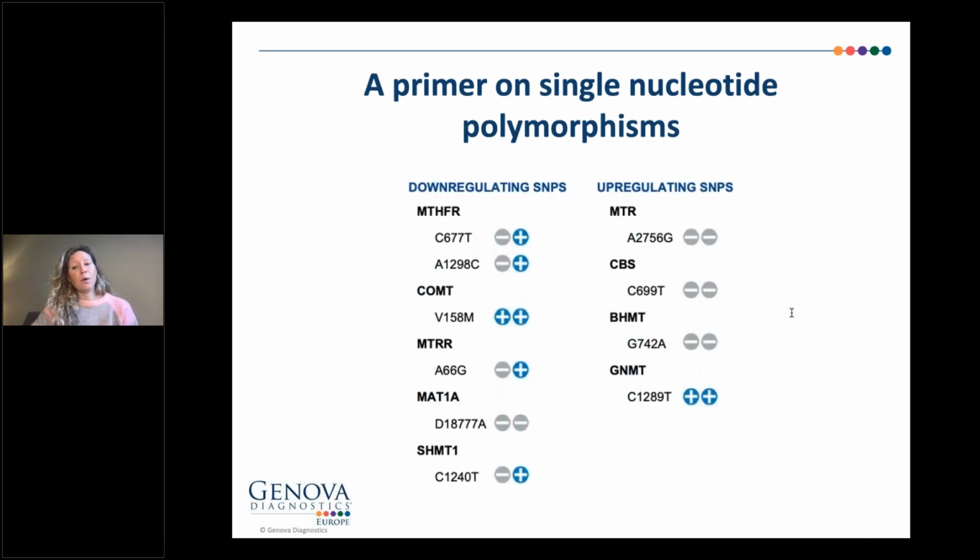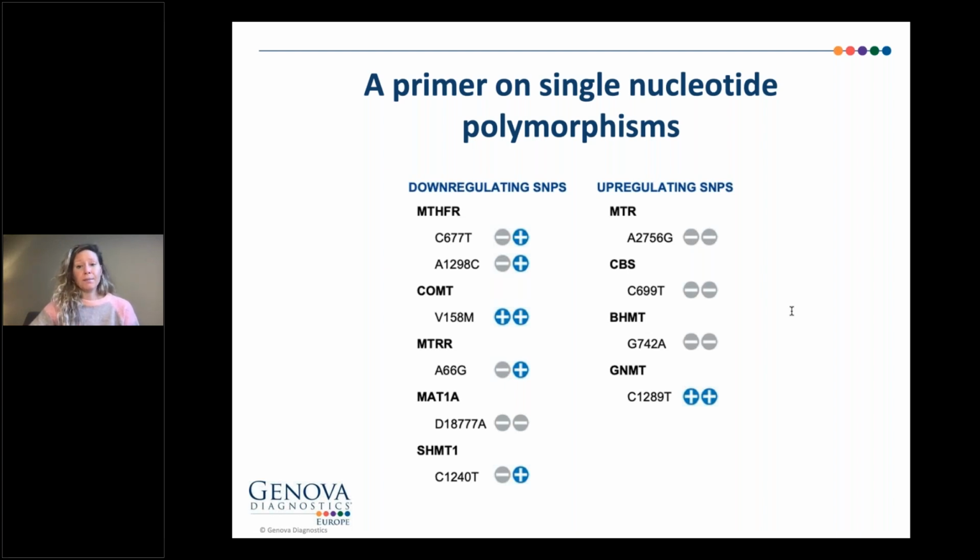So here is an example of how we display the genes and the SNPs on the methylation panel. As you can see, each enzyme evaluated will have two results representing each inherited allele, one from each parent. A plus sign indicates that a polymorphism has been detected, and the negative sign indicates that no SNP is present. So 2 plus signs highlighted in blue means that the patient has inherited two copies of that gene and is therefore homozygous, and 1 plus sign indicates heterozygous.